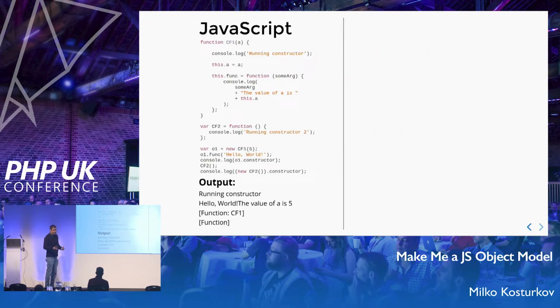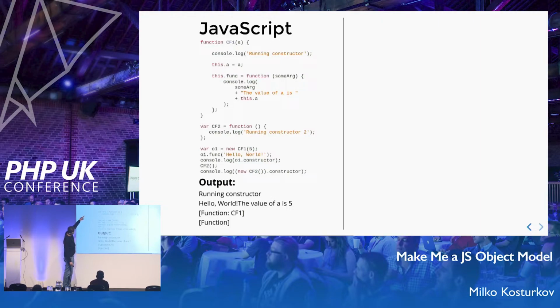In JavaScript, we have functions which can act as a constructor. Basically, the JavaScript functions which act as constructors are just functions. But when you call a function and put the new keyword before the function, it creates an object magically. So let's say we have this function CF1, which stands for constructor function 1.